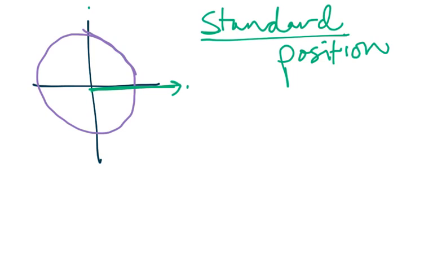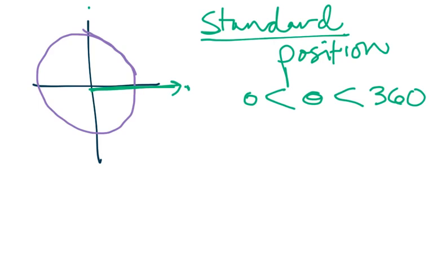One other thing I wanted to show you, well, what if you're supposed to draw an angle that's not between 0 and 360? Okay, because we're supposed to be on this circle. Well, here's 0, and that's also 360. So all you have to do is just keep going around until you find it.